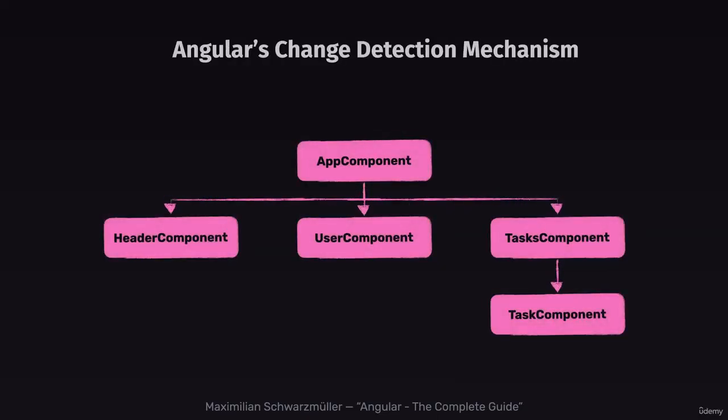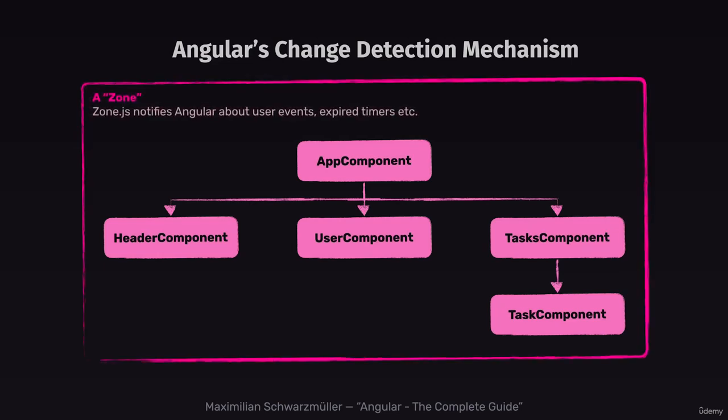Because what this Zone.js thing, this part of the Angular framework, does is that it automatically listens to all possible user events that could occur on a website, for example, as well as some other possible events that could occur, like a timer expiring or anything like that.